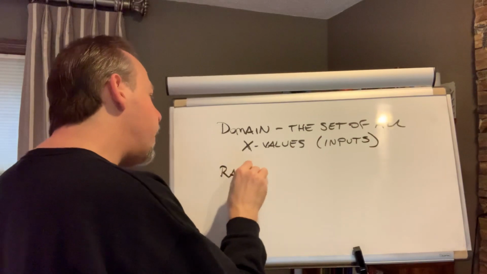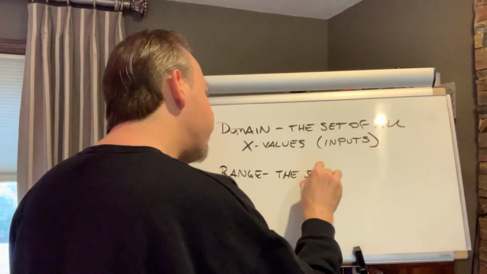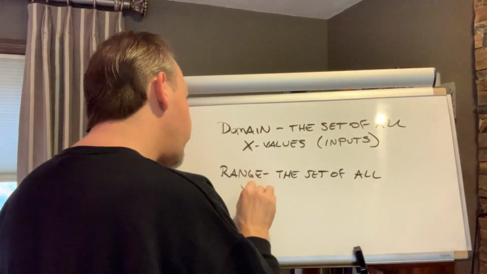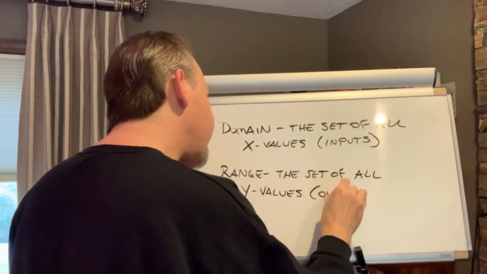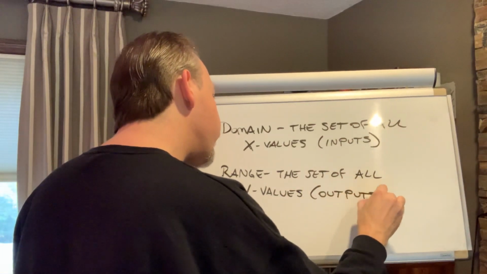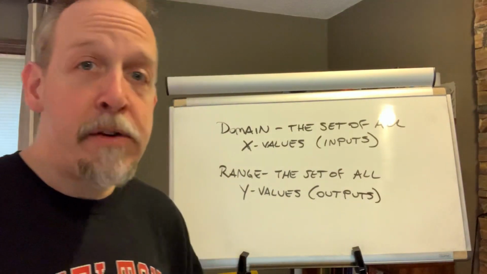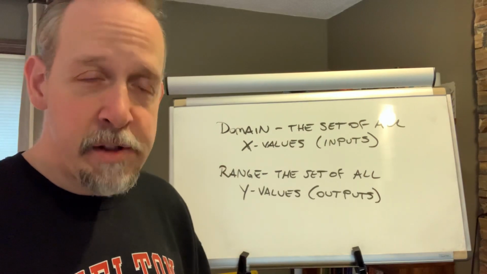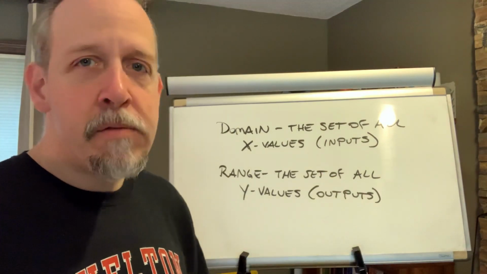And the range is the set of all y values, also called the outputs. Okay, so the domain of a function or a relation is just every x value within that function or relation. The range is the set of all outputs, all the y values.